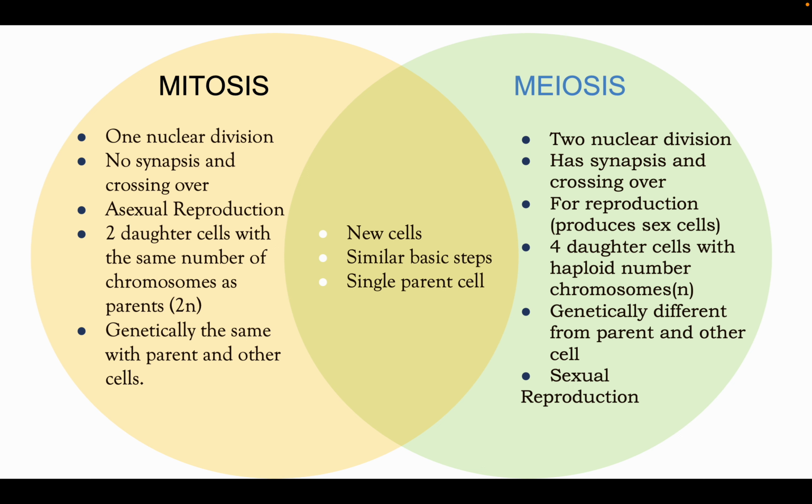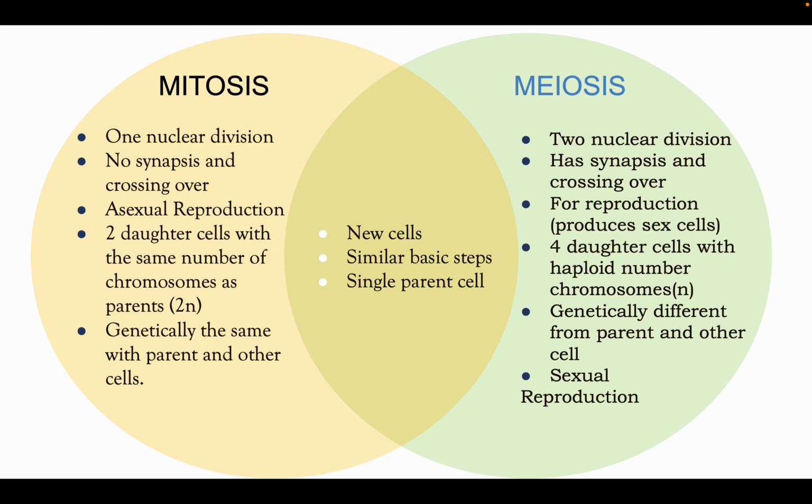It results in two identical daughter cells, each with the same number of chromosomes as the parent cell. While meiosis is a specialized form of division that occurs only in germ cells, the sperm cells and egg cells, and is responsible for sexual reproduction. It reduces the chromosome number by half, resulting in haploid daughter cells. Okay?